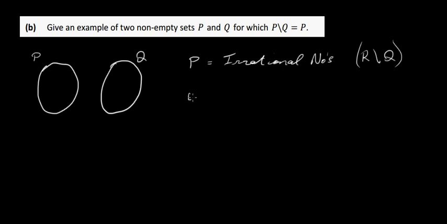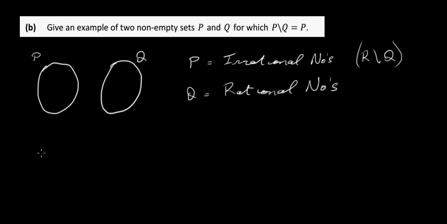And then you could say Q here is the set of rational numbers. So a number is either rational or irrational, so there's no overlap, they can't be both. So the set of irrational numbers less the set of rational numbers is just the set of irrational numbers.